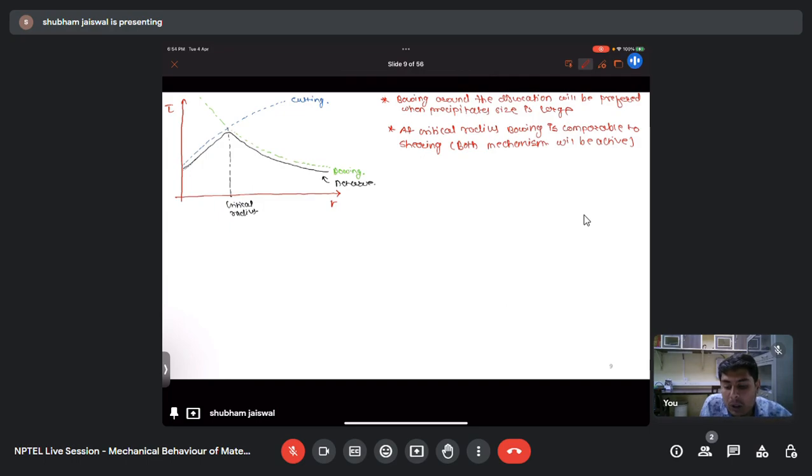Now if we plot the aging curve, that is the hardness versus the aging time, we'll get a curve something like this. Let me plot the aging curve. On the x-axis we have the aging time t, and on the y-axis we have the hardness.